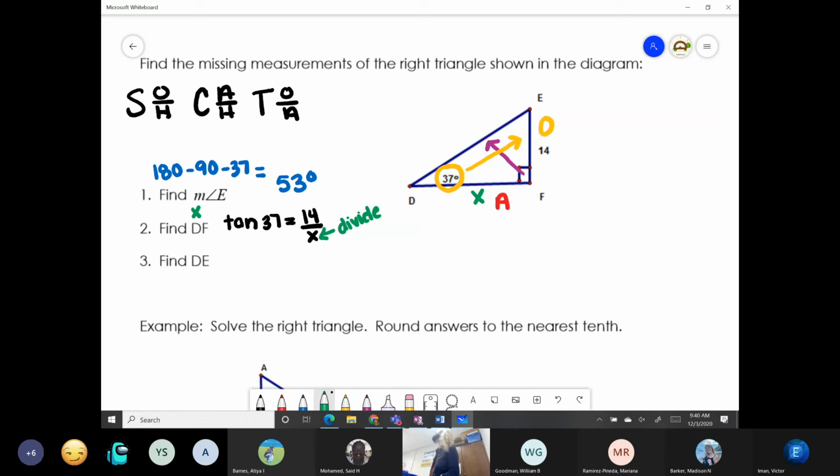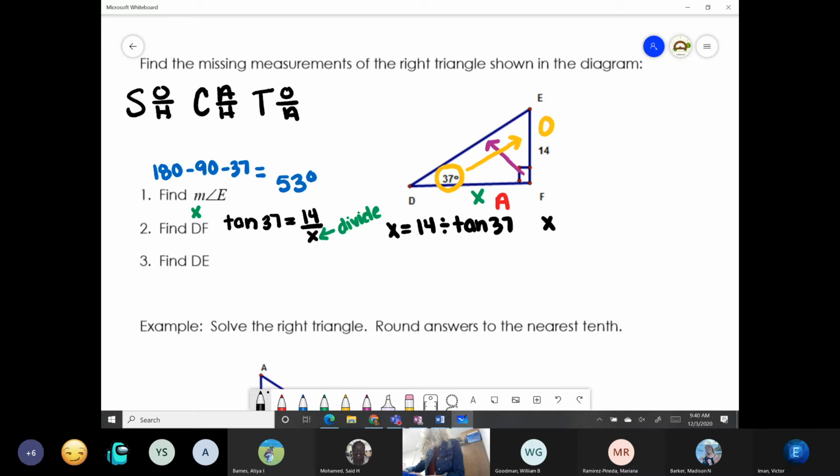What I always like to think about is, think about you're on the bottom, like, ooh, you're sad, right? And division makes things smaller. And making things smaller is like, you want things to multiply, right? So bottom, divide; top, things are getting bigger, you're going up to the top, multiply. So, I don't know. We'll go ahead and do this. So we'll say here, x equals 14 divided by tan of 37.